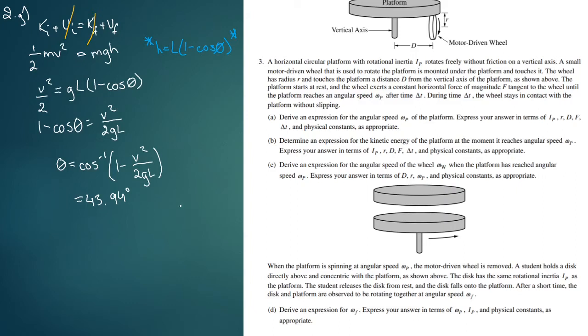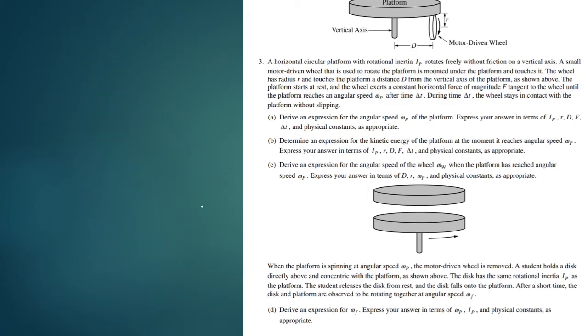This is where we get into rotational kinematics and dynamics. Okay, so we have a horizontal circular platform with rotational inertia I sub p that rotates freely without friction on the vertical axis, and we have a wheel. Now we're given that the wheel is a distance d from the vertical axis and exerts a constant horizontal force of magnitude F tangent to the wheel until the platform reaches an angular speed omega sub p.